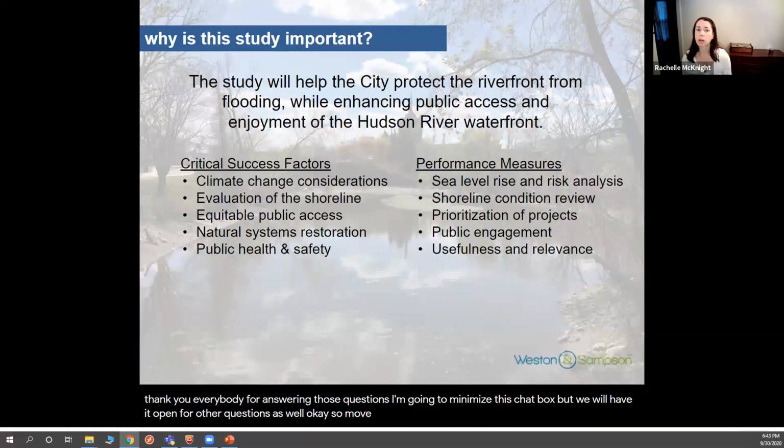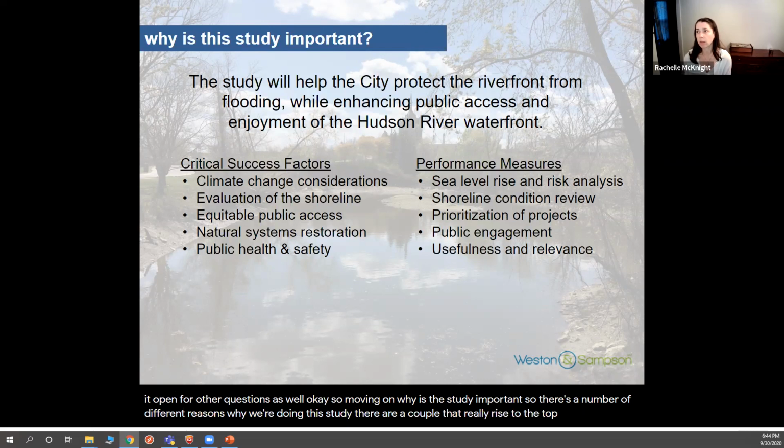Okay, so moving on, why is the study important? There's a number of different reasons why we're doing this study. There are a couple that really rise to the top, and those include protecting the riverfront and the adjacent infrastructure, which includes a lot of roads and utilities, homes, businesses, from flooding, from current flooding and from future flooding that is related to climate change.